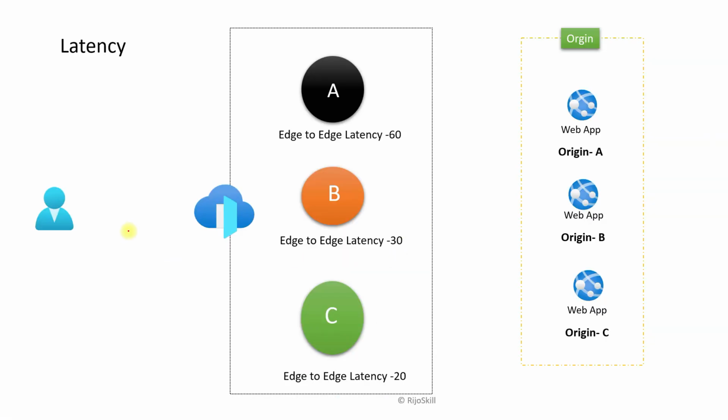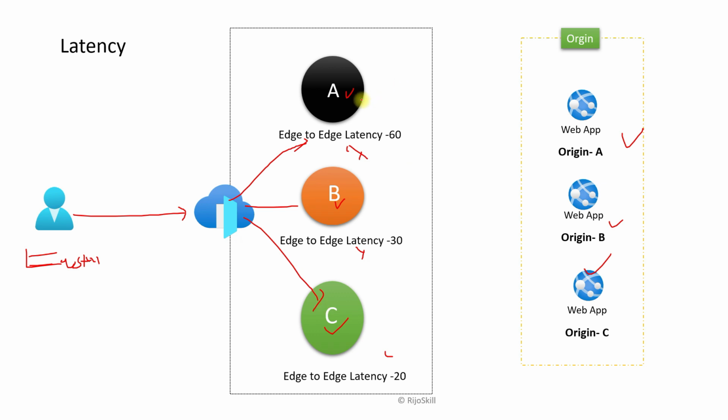Here you have origin A, origin B and origin C, which are your backends. For example, this user is in East US and requests your origin A. Then you can see edge node A, edge node B and edge node C, and the traffic will reach your edge locations.